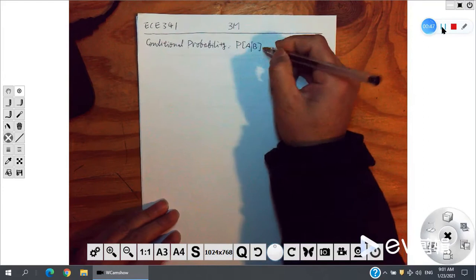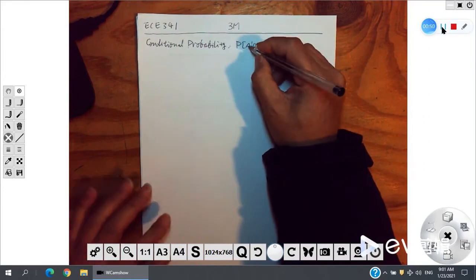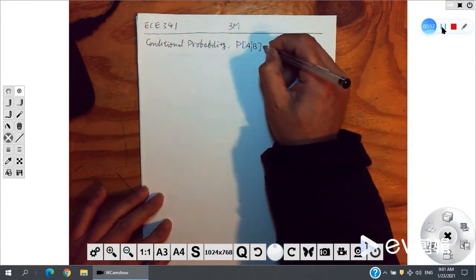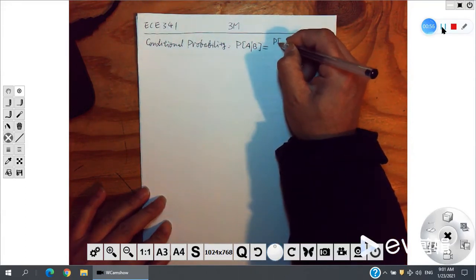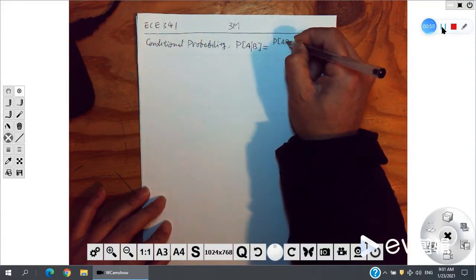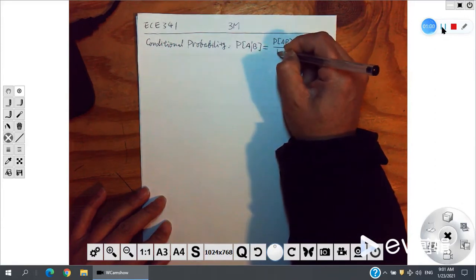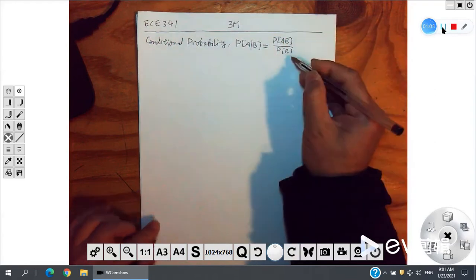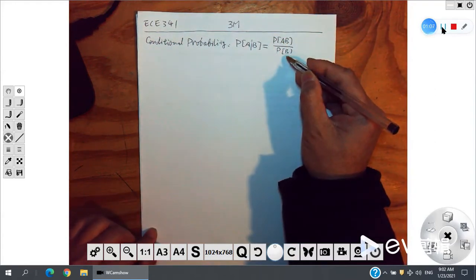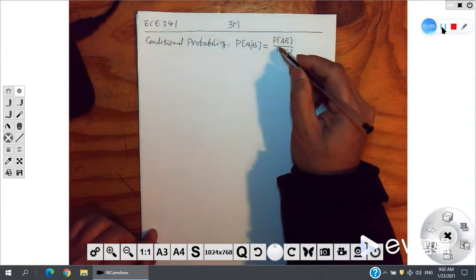Suppose B happens, then under this condition, we check the probability of A. This will be the probability of A intersection with B out of B. You consider B as the whole sample space, so you check the probability out of B.